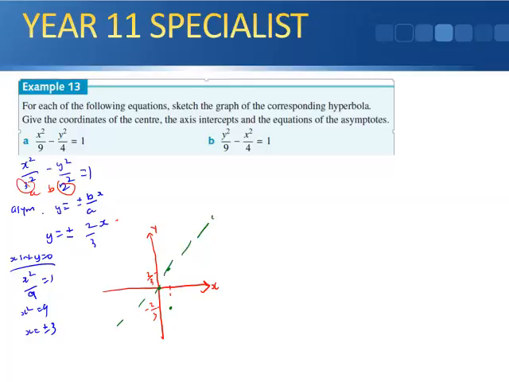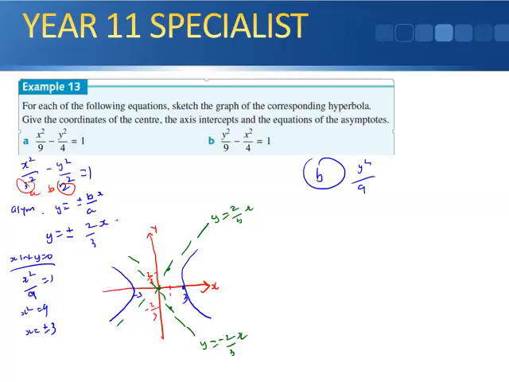So there's the y equals 2/3 x asymptote, and y equals negative 2/3 x asymptote. I also know that this one here goes at 3 and negative 3, so it comes like that and like that. Okay, probably the best I'm going to do is on these, trying to graph it freehand like this.